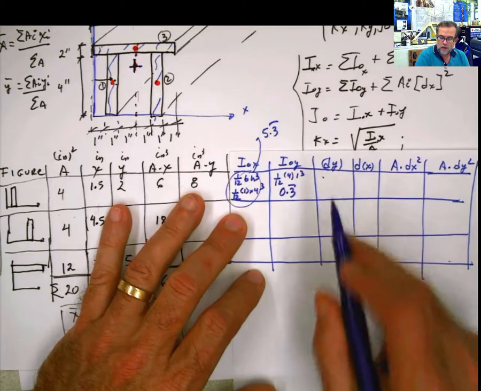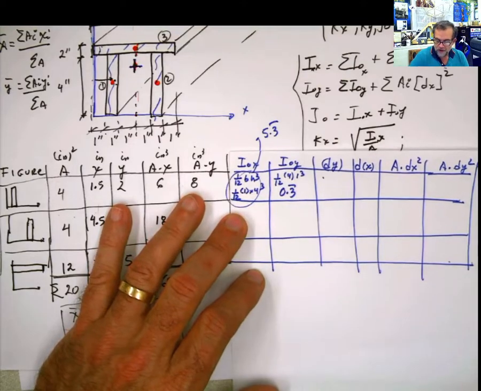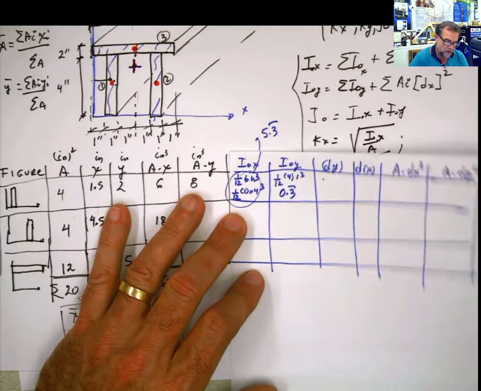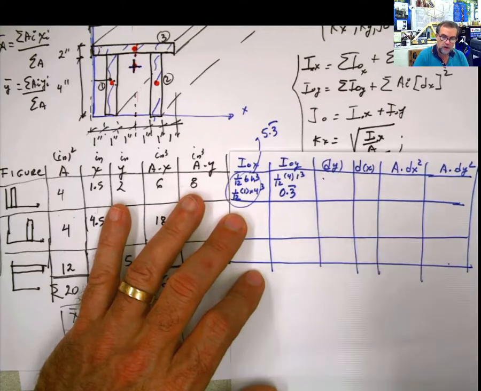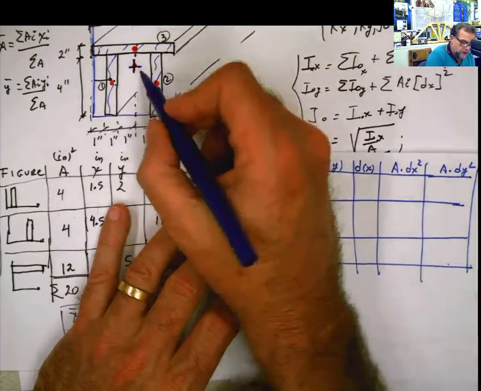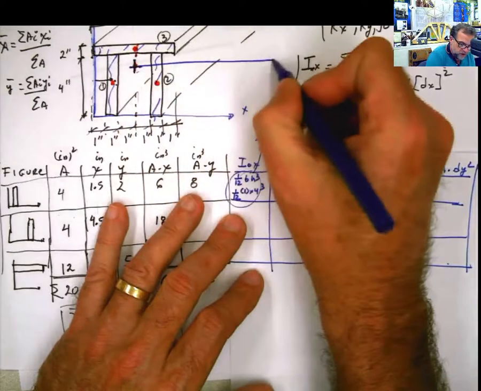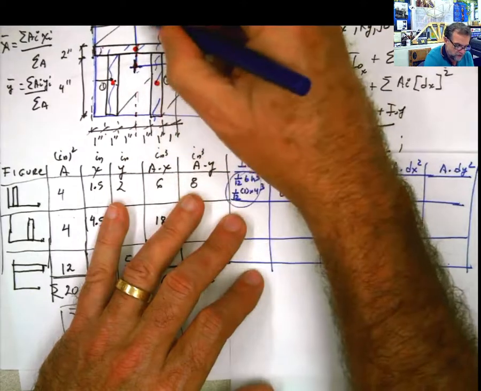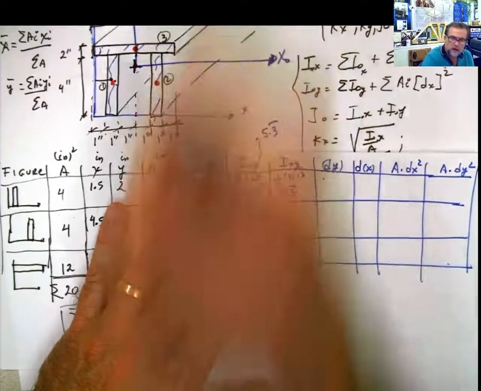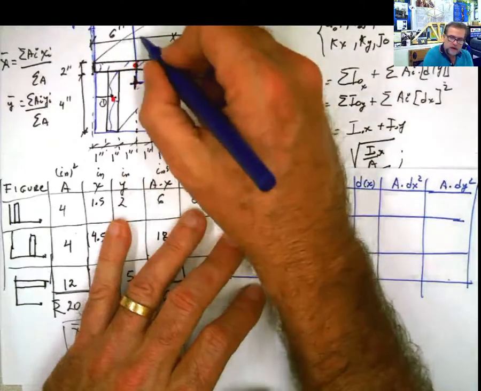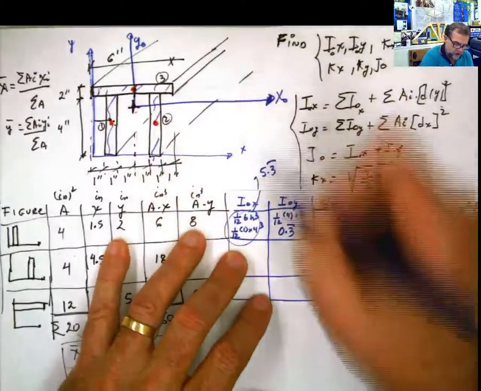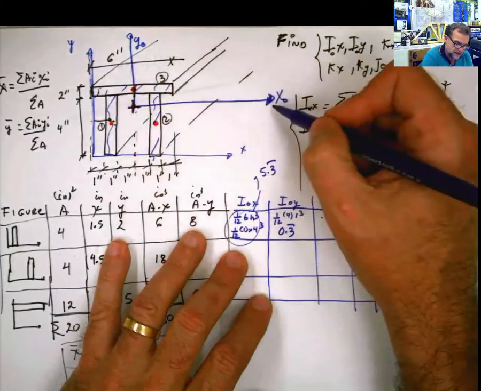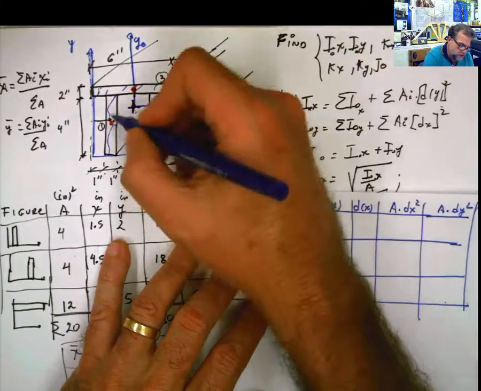Now, careful with this one. What is dy? And I'm going to repeat that definition several times during this video and all the videos that I'm recording. dy is the distance, measuring in y, between the centroid of my composite figure, which I'm going to call x0 and y0, represented by this axis, and the centroid of figure 1 in this case.